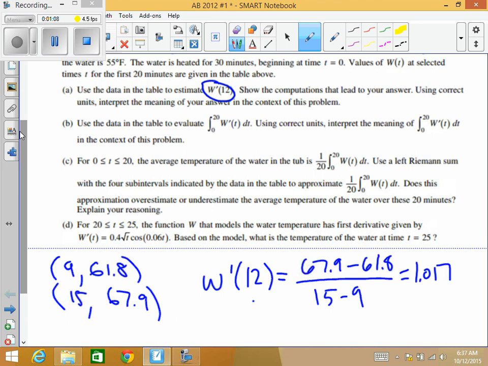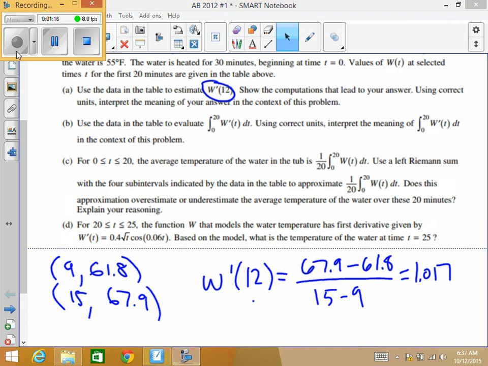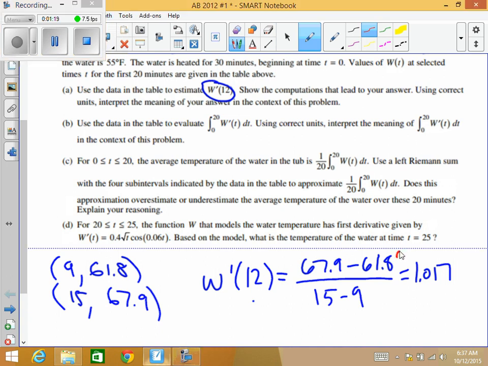Using correct units, interpret the meaning of your answer within the context of this problem. What really helps us answer that is looking at the units that we're dealing with. We've got degrees Fahrenheit on top. We've got minutes on the bottom. This is really a rate of change in degrees per minute.